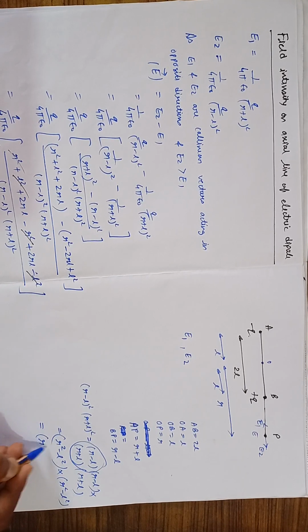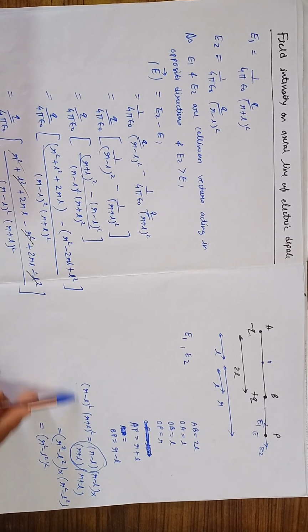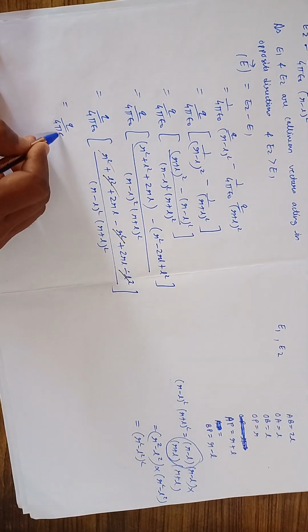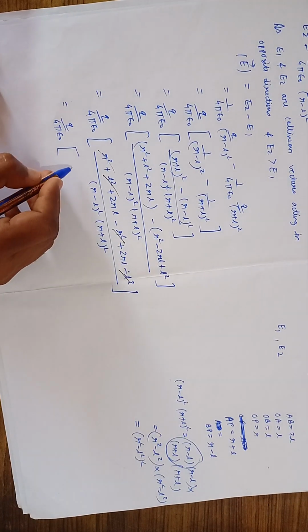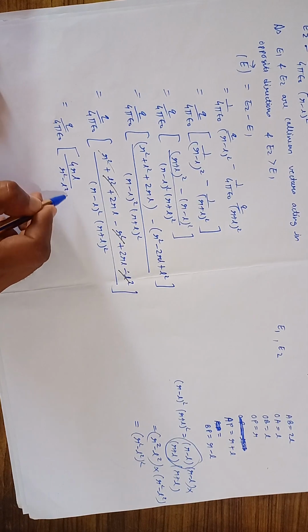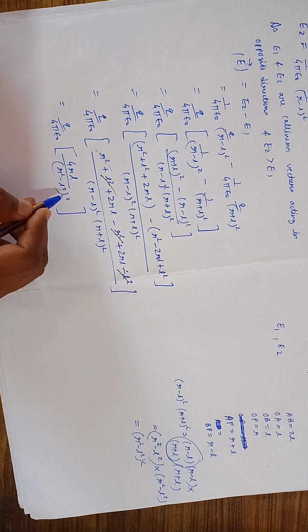So it becomes (r square minus l square) the whole square. So it will become q by 4 pi epsilon naught, 4rl upon (r square minus l square) whole square.